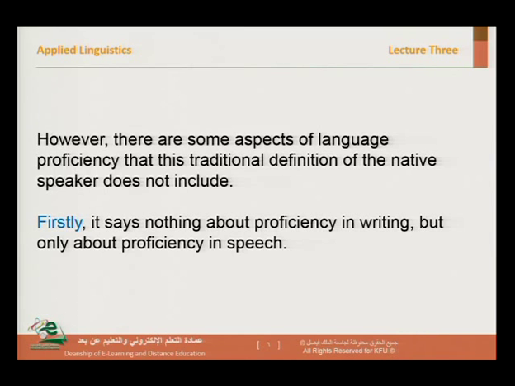When you were a child, did you write? You wrote, but not that much. It was about drawing, very little. You did not make that much effort in it. So it's not about proficiency in writing, but about proficiency in speech only.